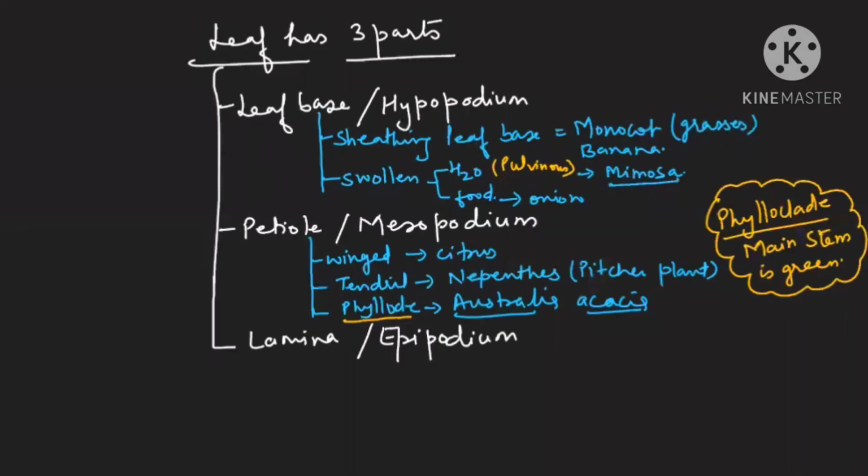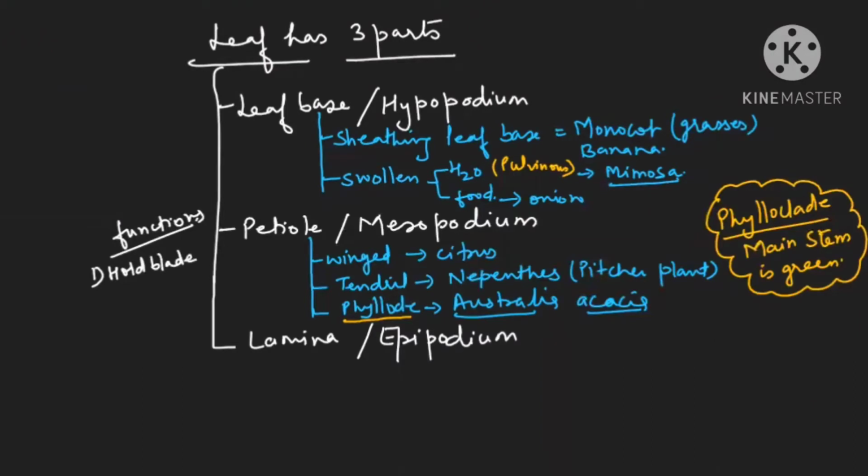Now, function of petiole is to hold the lamina. Is it clear? It holds the lamina to the light so that it can expose the lamina, which can do the photosynthesis, and it is also helping the lamina to flutter in the wind. So I'm writing the functions here, please. Functions of the petiole: hold blade to light.